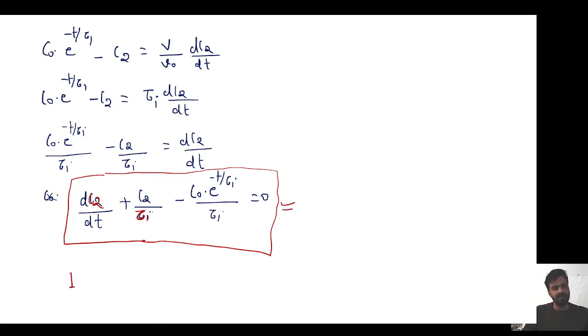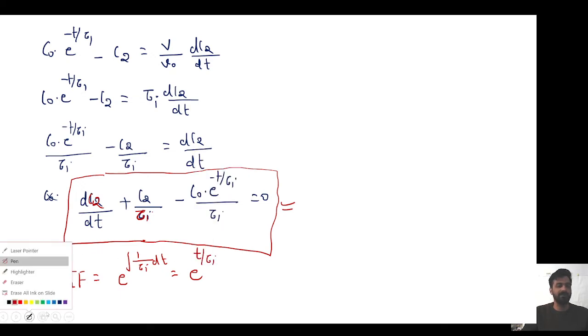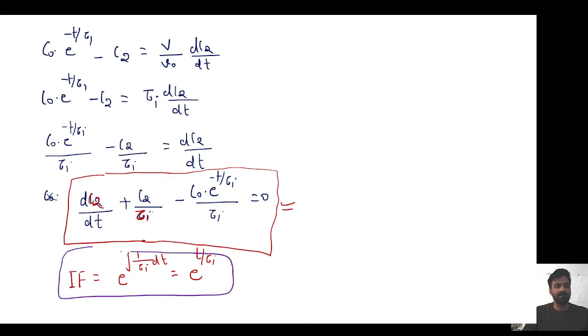It will be solved by calculating the integrating factor, which is equal to e to the power integral of 1 upon tau I dt, that is equal to e to the power t upon tau I. So finally you have calculated the integrating factor also. Now the thing will be very easy for you. Once after calculating the integrating factor, we'll move forward to solve the problem.